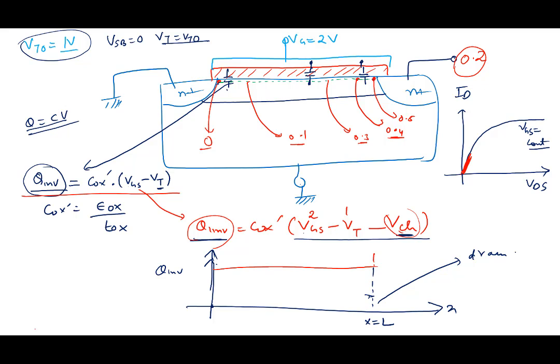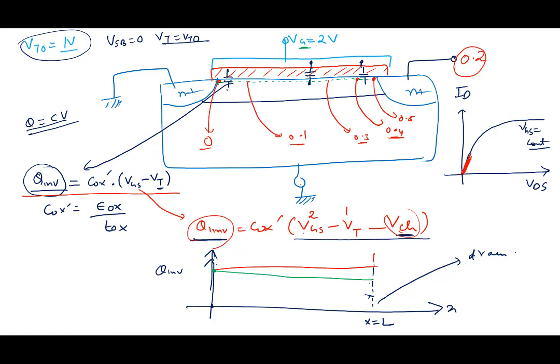If I increase the bias a little bit, the inversion charge may go like this here. It decreases. This point is fixed. The inversion charge is fixed here because the gate voltage is fixed and the channel voltage is also fixed. And at this end it starts decreasing. So the inversion charge becomes a little less here.